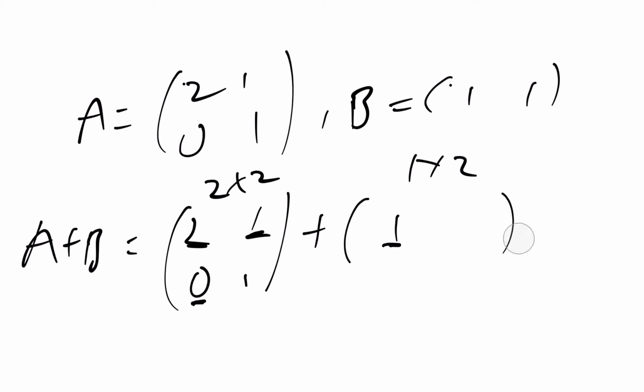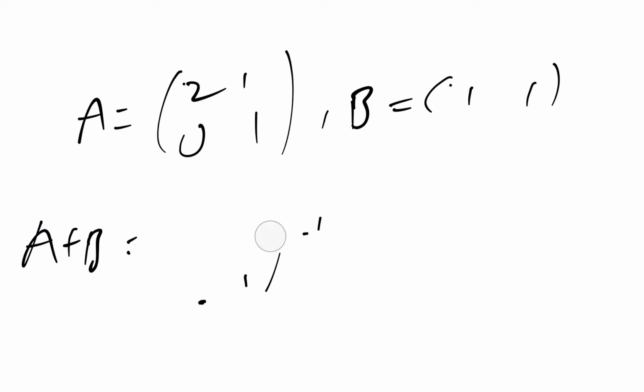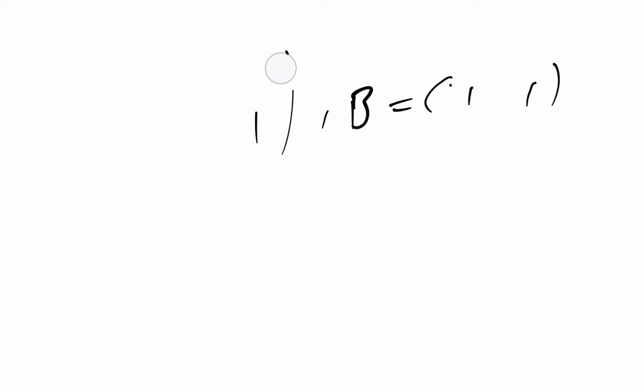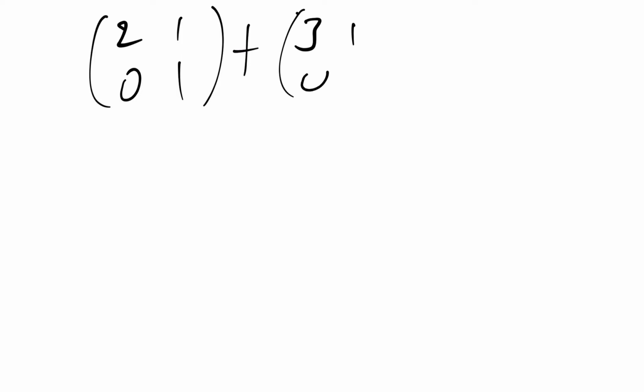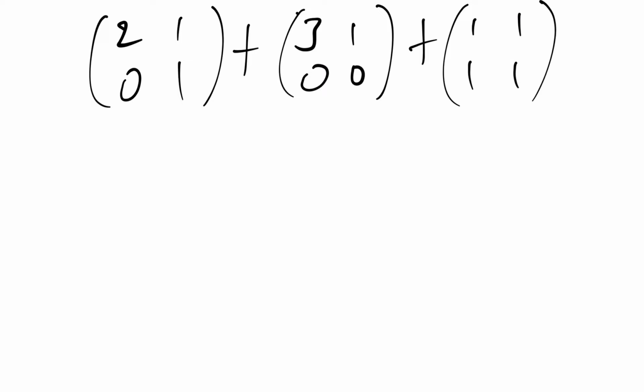Another thing, when doing matrix addition, it doesn't matter whether you've got 2 matrices or 3 matrices or 5 matrices. A question can say compute 2 1, 0 1 plus 3 1, 0 0 plus 1 1, 1 1. I'm making an example here, nothing to worry about. All these matrices are 2 by 2 matrices, and then your answer will also be a 2 by 2 matrix.